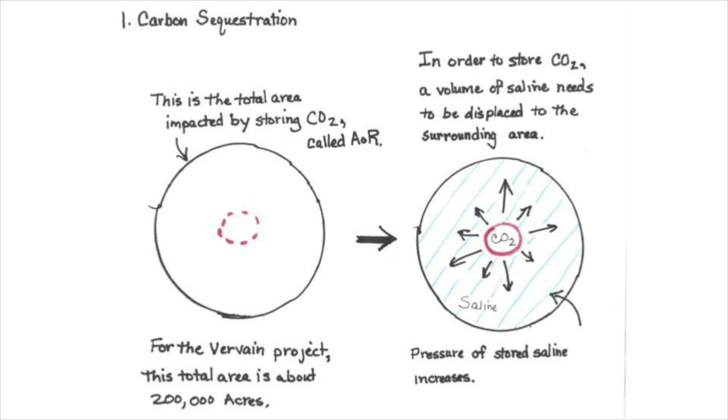And one of the significances of them needing to calculate that is they have to look at all that area within that circle, which might not be a perfect circle, to determine, are there any faults in the rock? Are there any places that are high risk of the CO2 escaping up through?